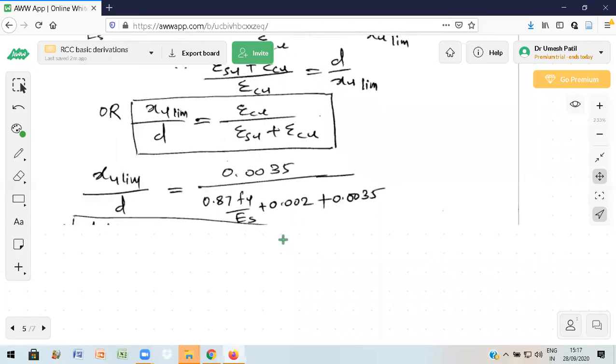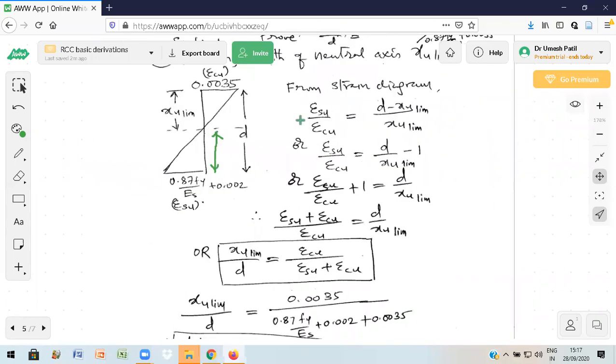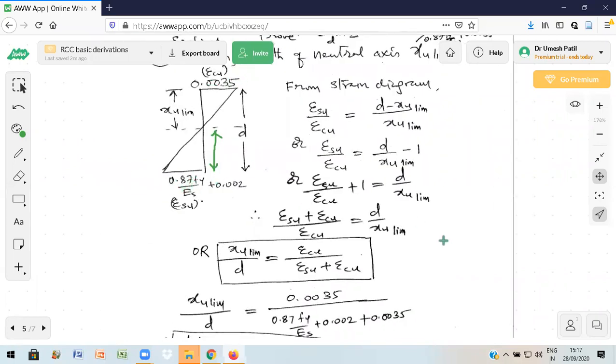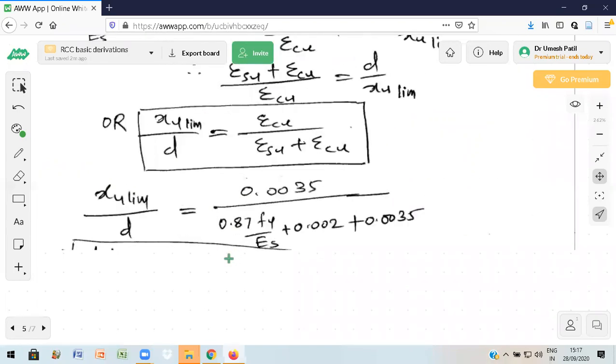Now you substitute the actual numbers shown in the triangle, 0.0035 and so on, for ESU and ECU. Just observe: xu limit by d equals 0.0035 divided by ESU plus 0.0035. ESU is the strain in steel rods, 0.87 Fy by ES, elastic, plus 0.002, inelastic.